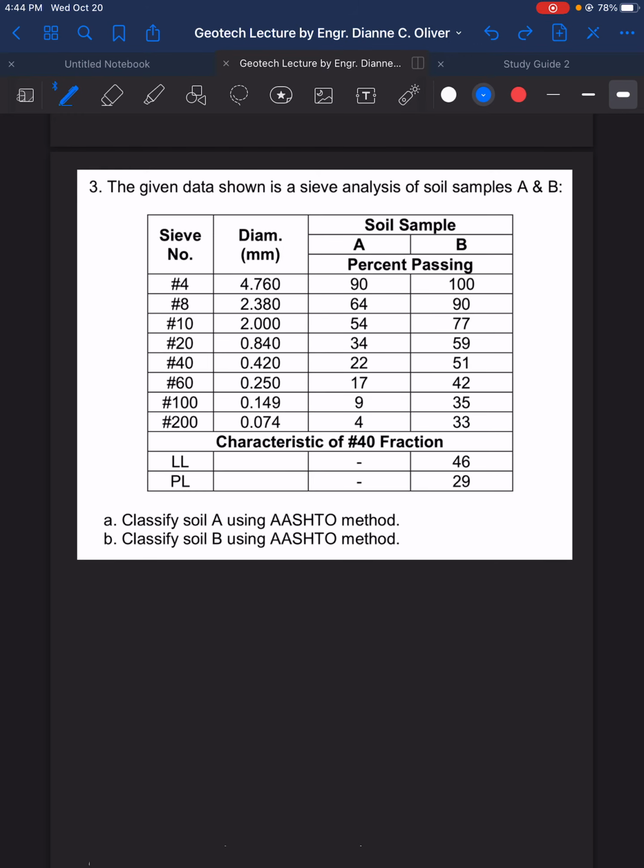What does it mean? If this is the sieve number 200, for example the 1 kilo material, what is retained here is 96%. What passes here is 4%.